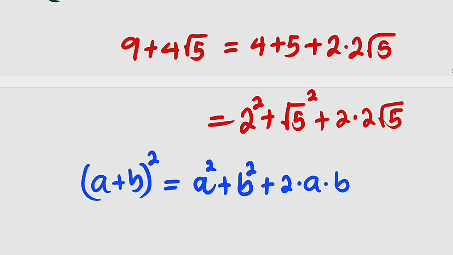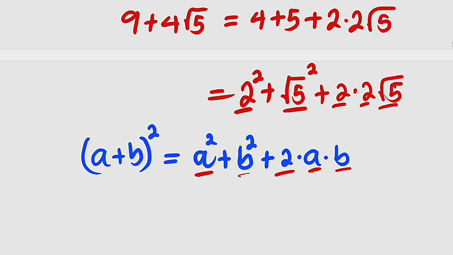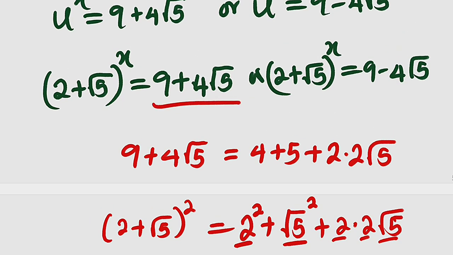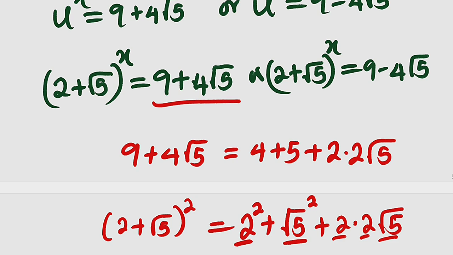So if you relate, you can see that this 2 corresponds to a here, and root 5 corresponds to b. This is 2, this is 2. This is the first term, which is a, and this is the second term, which is b. So this is the same thing as 2 plus root 5 whole squared. So instead of this, we can replace it with 2 plus root 5 whole squared.